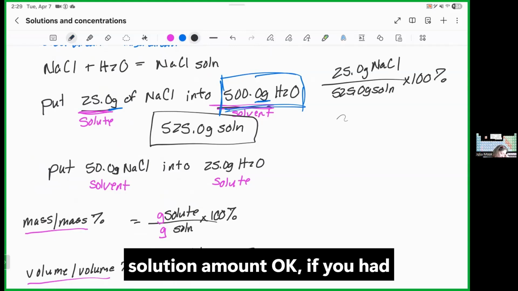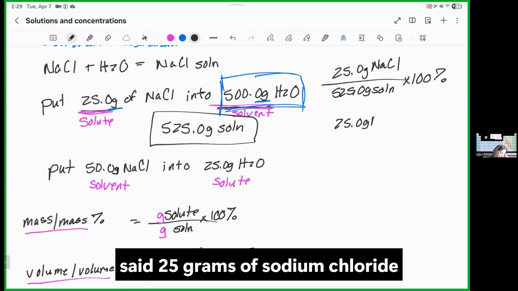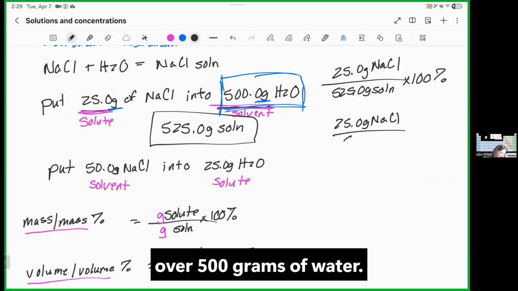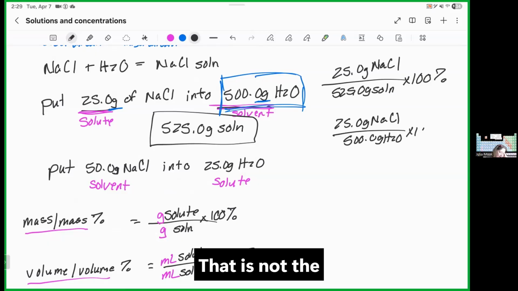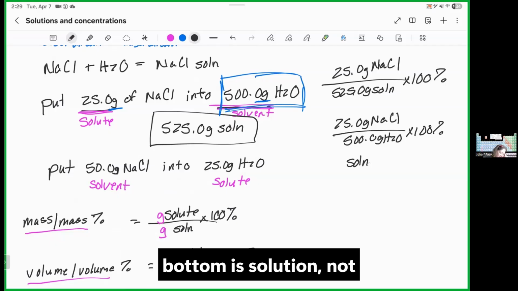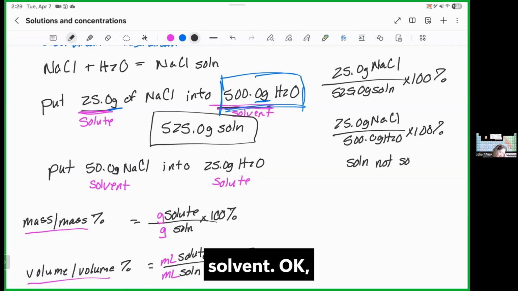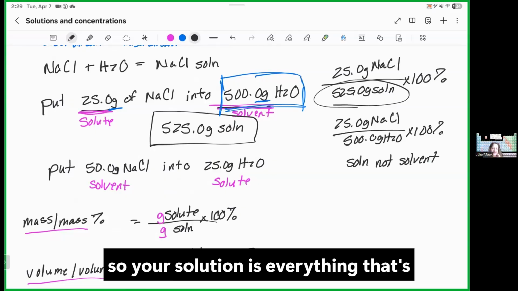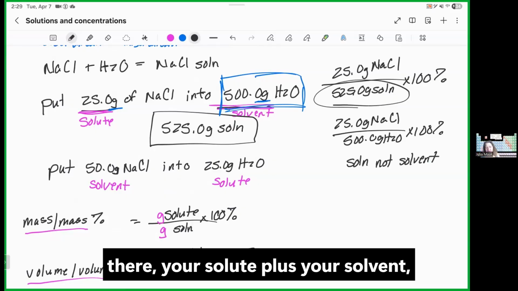Okay, if you had said 25 grams of sodium chloride over 500 grams of water, that is not the correct calculation because the bottom is solution, not solvent. Okay, so your solution is everything that's there, your solute plus your solvent.